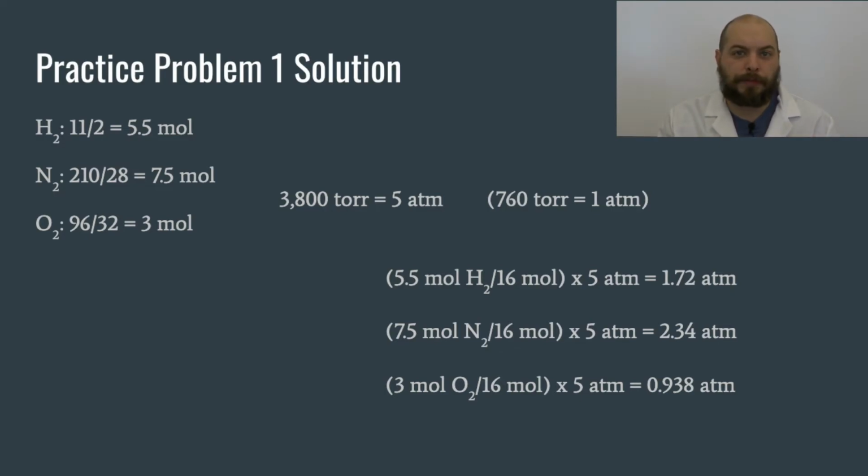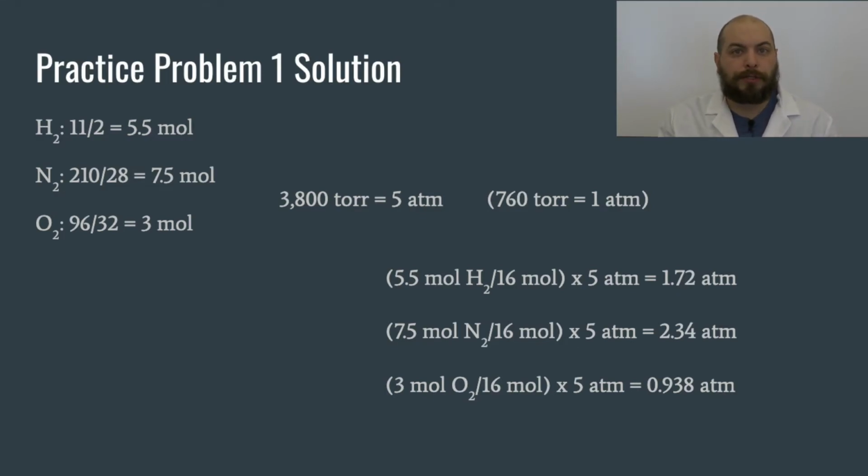So we have 5 atmospheres of pressure present, which means we're going to take our mole fractions and multiply by that total number of atmospheres. So 5.5 divided by 16 times 5 represents the partial pressure of hydrogen. This number is 1.72 atmospheres exerted by the hydrogen molecules present in this container.